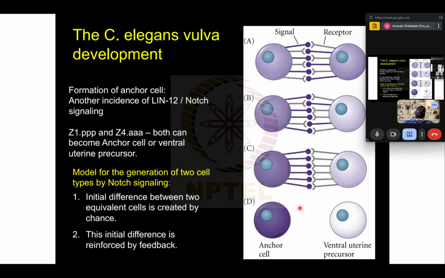A similar thing occurs in mammalian neural development when there are a lot of equivalent cells where all of the cells produce the same amount of receptors and the same amount of ligands, but by random chance one of the cells will be producing more ligands and fewer receptors, and via this same feedback loop they will be asked to produce more and more of the ligands and not receptors, and finally they will only produce ligands and no receptors, and that will cause them to convert from a neural fate to a glial fate.